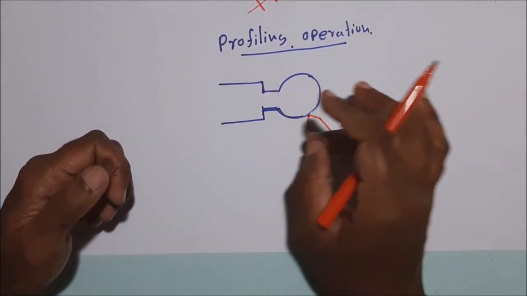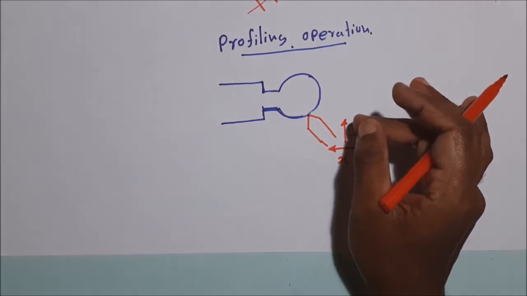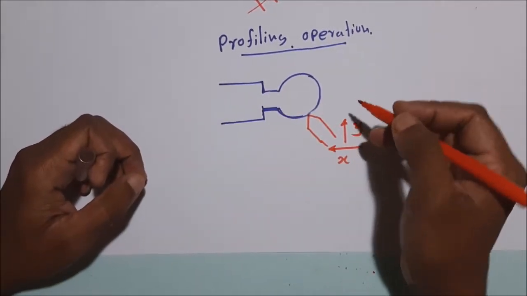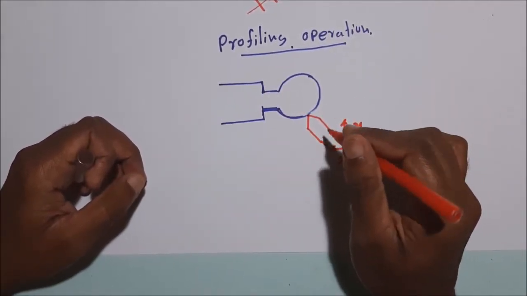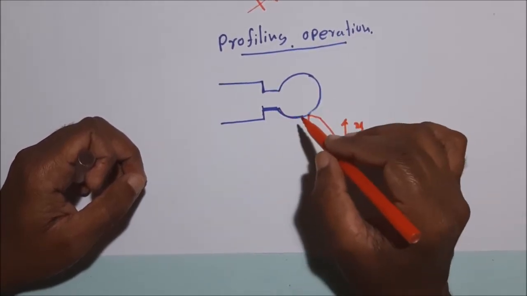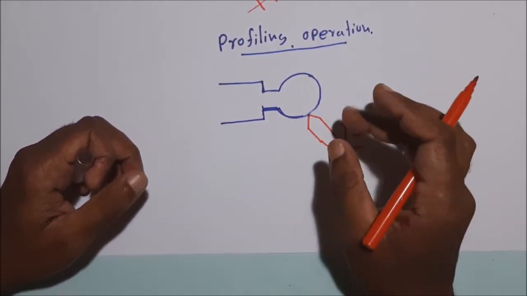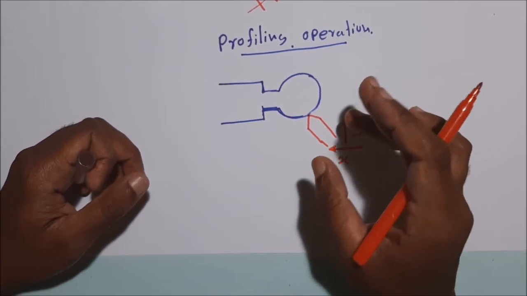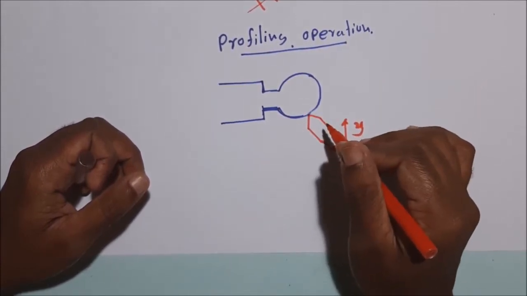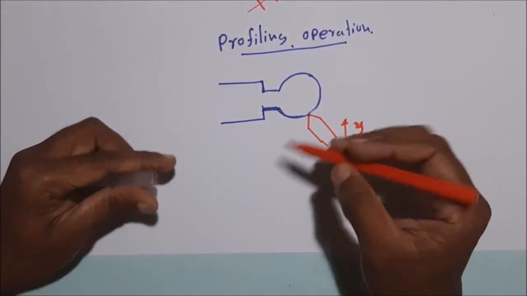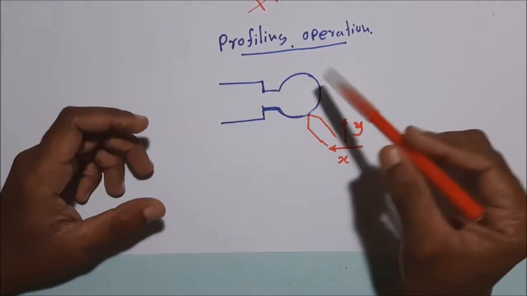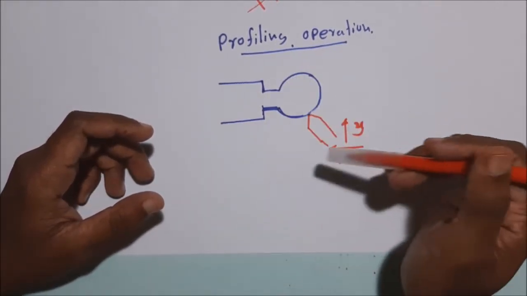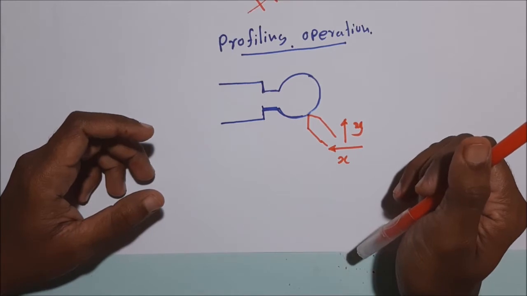There is no method to automatically feed this tool to cut this kind of profile. It has to be fed manually, so certain skill is needed to obtain the required geometries. In some situations, gauges are used to take the exact profile required.